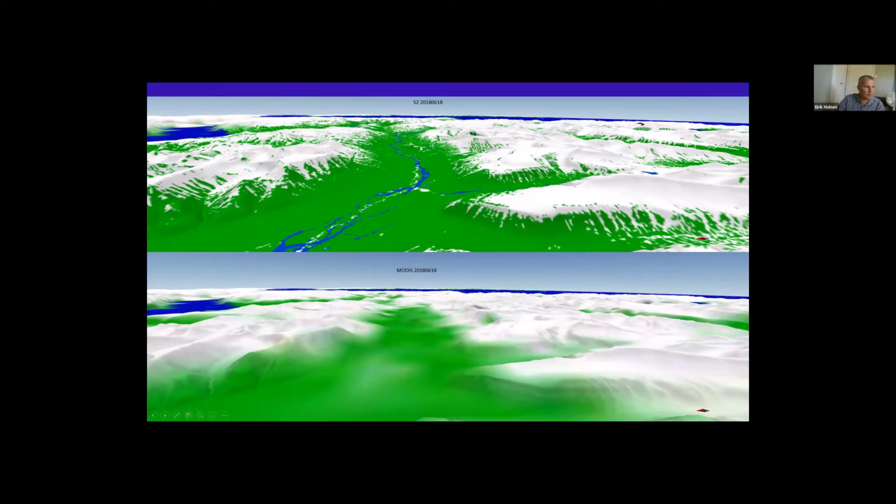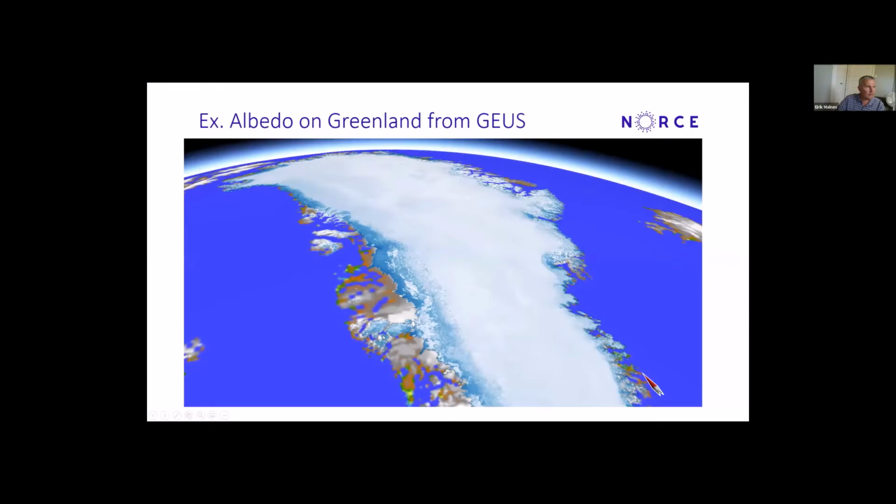This is snow cover from Adventdalen on 18th of June 2018 using Sentinel-2 and MODIS. So there are similarities and differences. And we are also using it for many other purposes. Here's an example over Greenland, where we received the albedo as a time series from GEUS in Denmark.